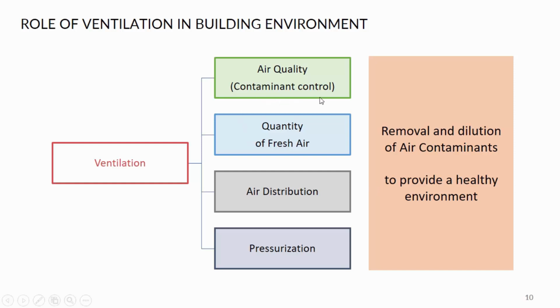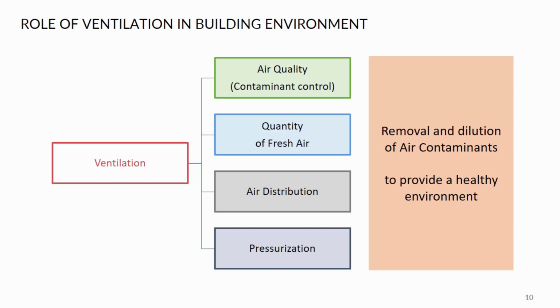The second role is to provide sufficient quantity of fresh air to maintain required oxygen levels and a healthy environment. Third one is distribution of this good quality conditioned air throughout the room effectively. And finally, in some critical applications, ventilation is used to create pressurization to avoid contaminants entering the room or to avoid spread of infection from the room.